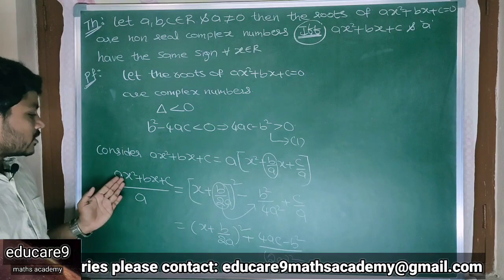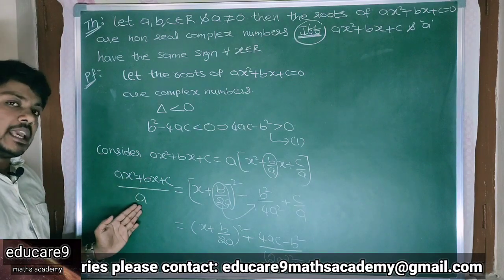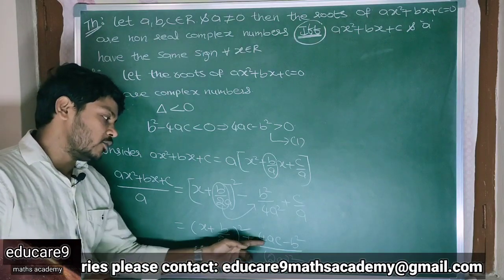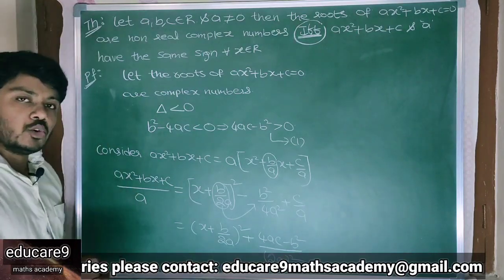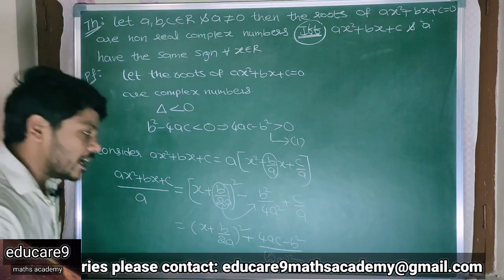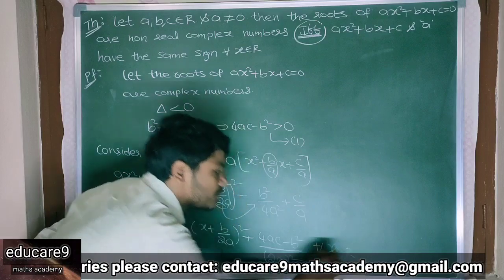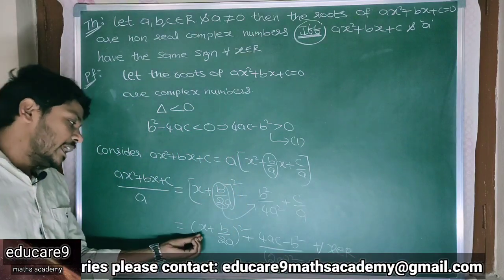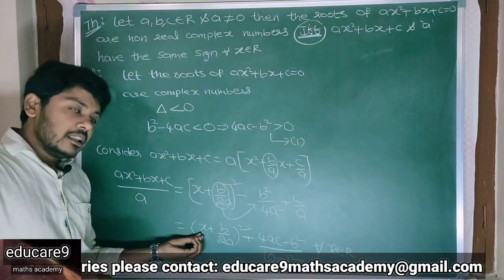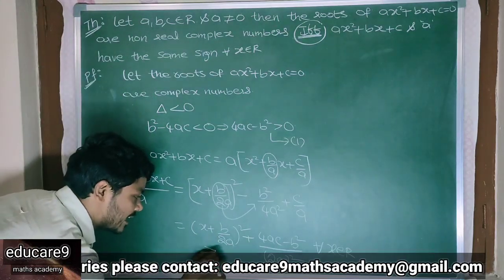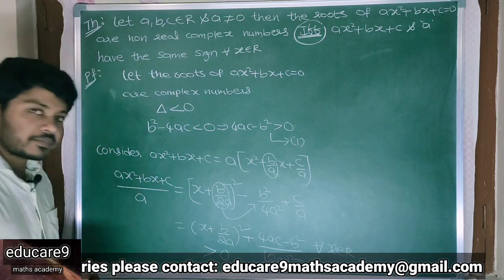See here, ax square plus bx plus c by a value is x plus b by 2a whole square plus 4ac minus b square by 2a whole square. See here, for every x belongs to R, if you put any x value in this, then clearly the outcome is positive only. So that is greater than 0.